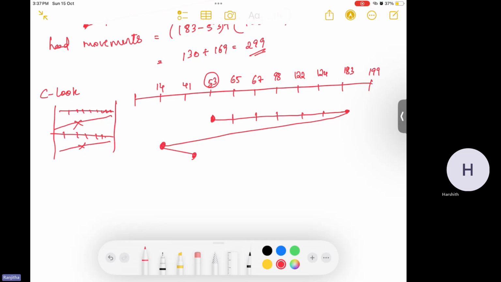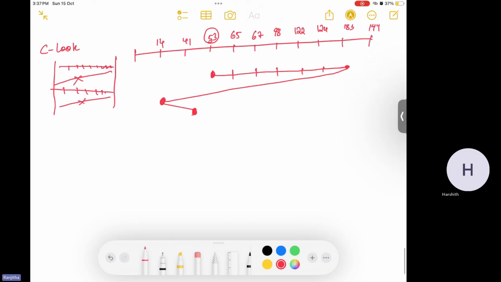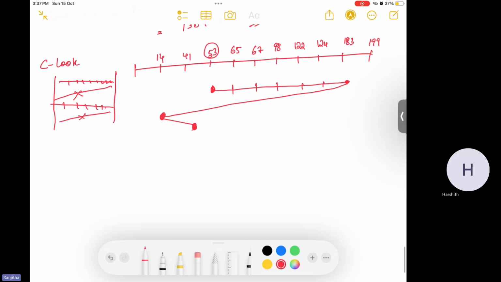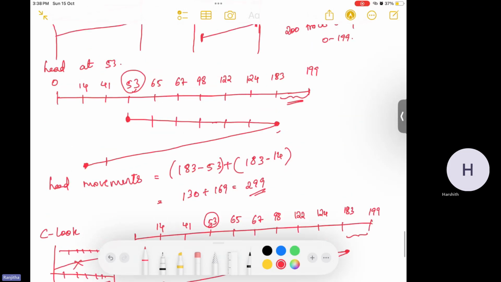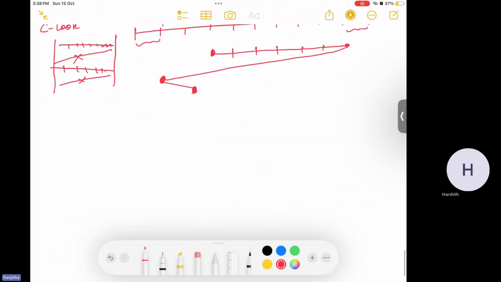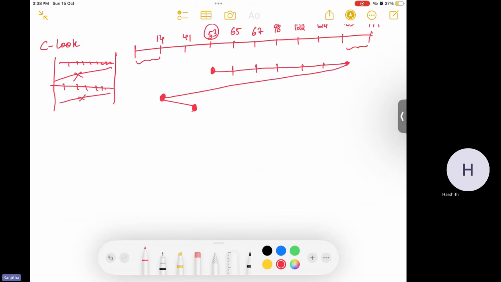Then it will read here and then here. So again we can see that we are saving this, but with respect to C-SCAN, which was actually going till here, and then tracing this point and this point, this additional tracing is saved in C-LOOK.